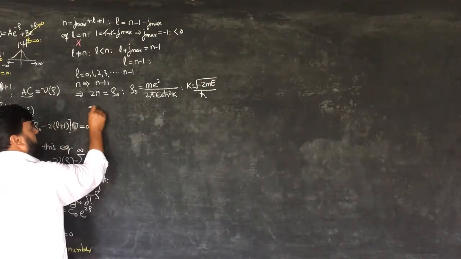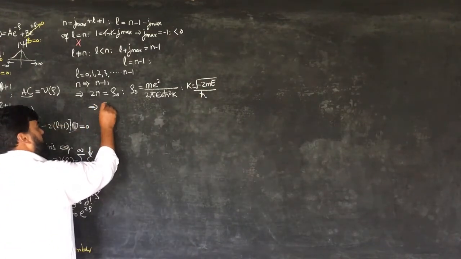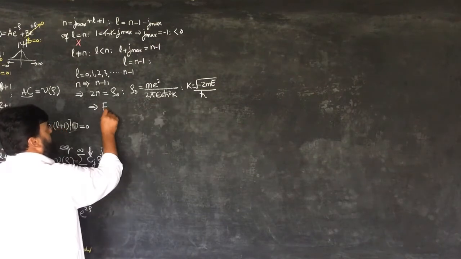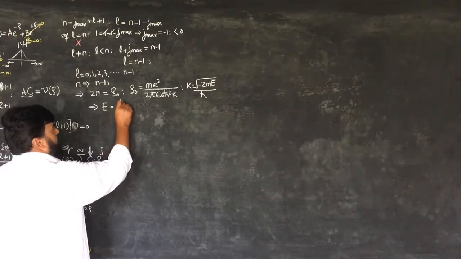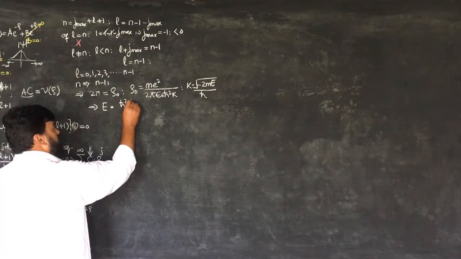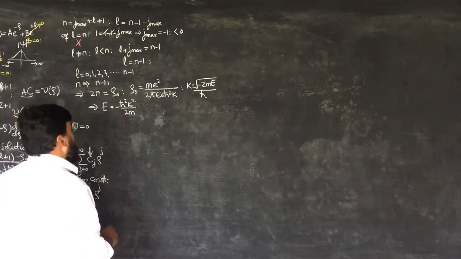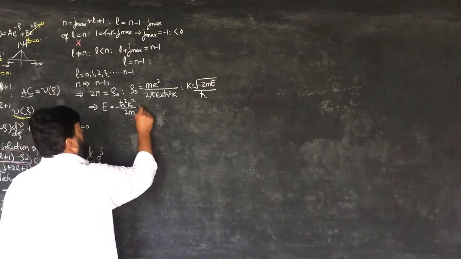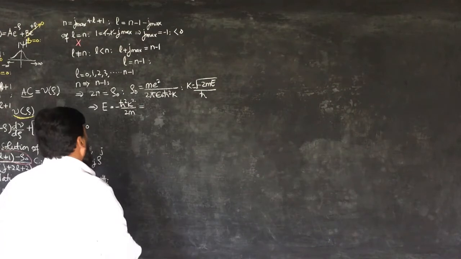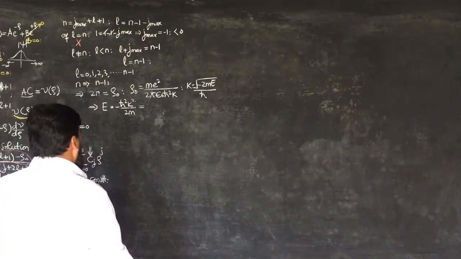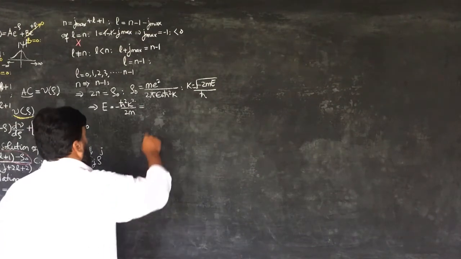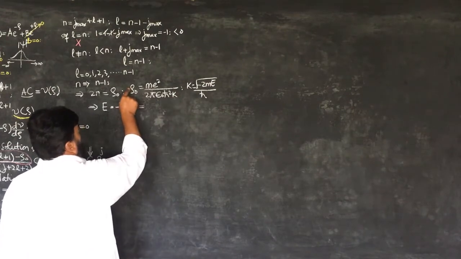So from here, E is equal to minus h bar square k square over 2m, and so put the value of k here.